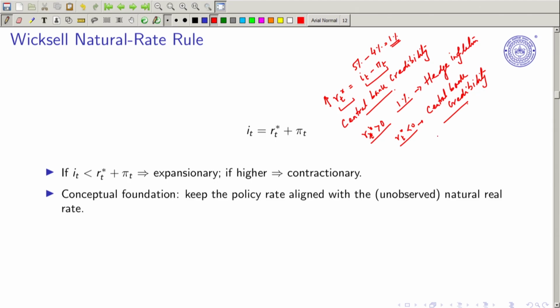The central bank credibility, what it means is that it helps, or it incentivizes the common people.